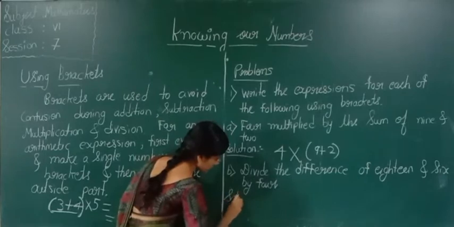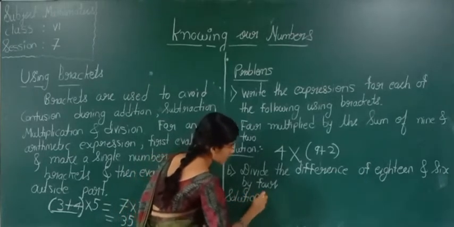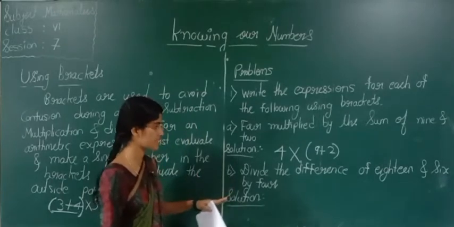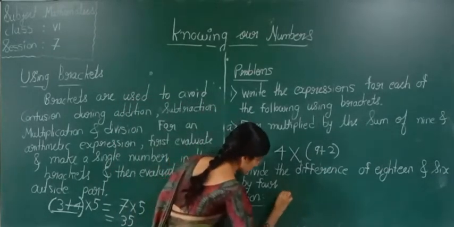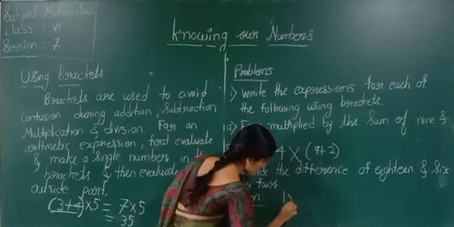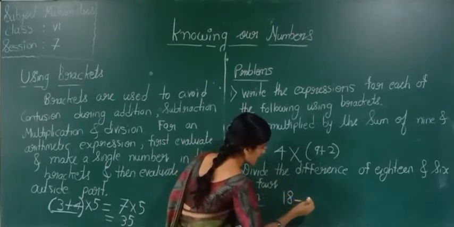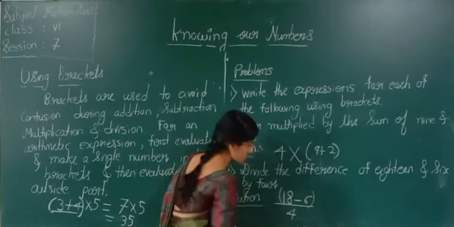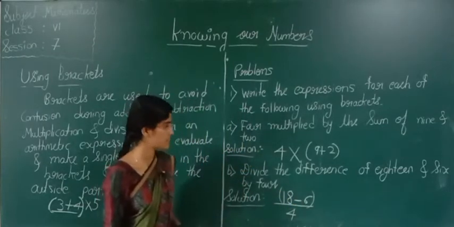So solution, see, divide the difference of 18 and 6 by 4. Okay, you can write it like this.